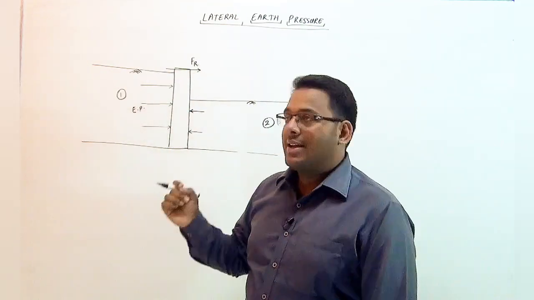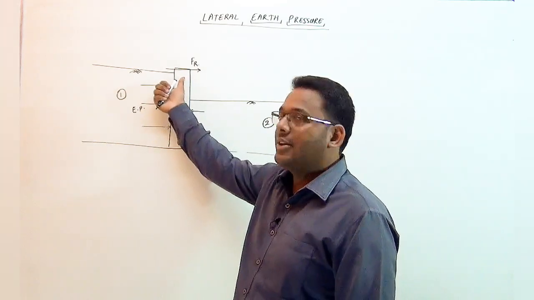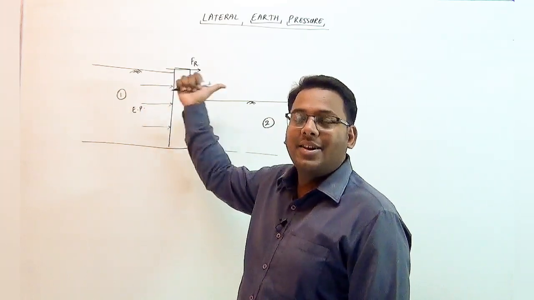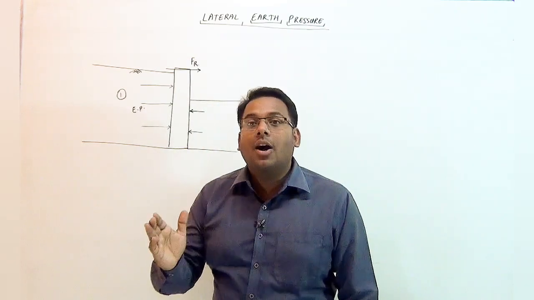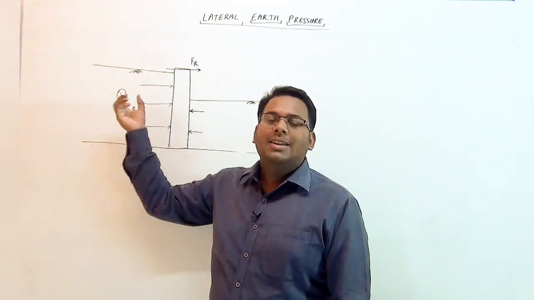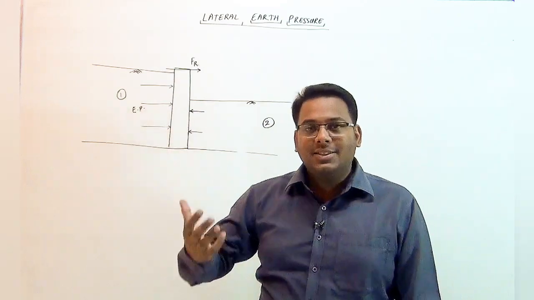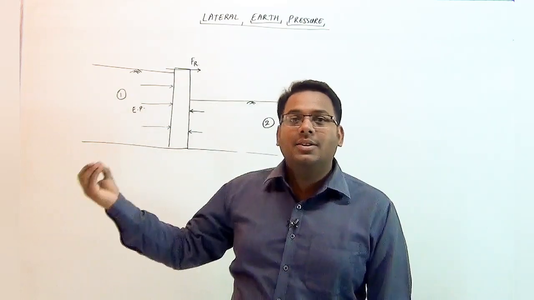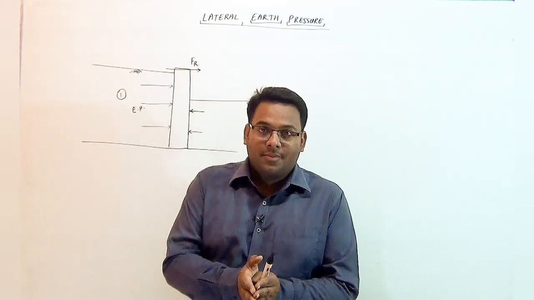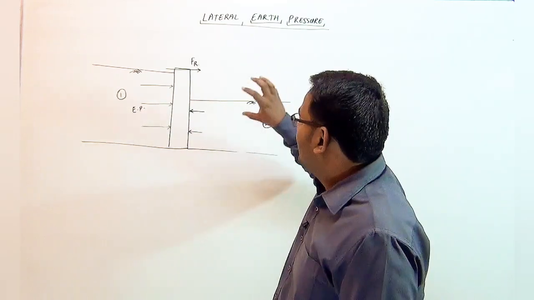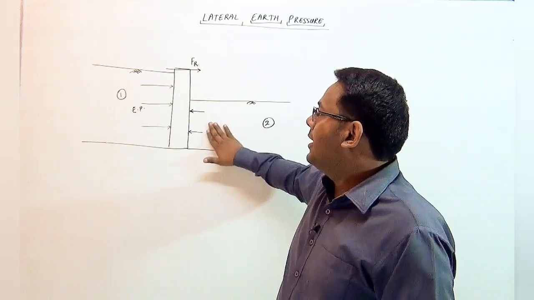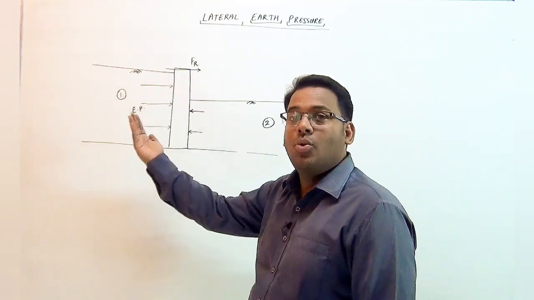And as we can see that the net force on the retaining structure is toward the right hand side, we can say that the work of soil 1 is effective. Soil 1 is actually working according to its tendency, whereas on soil 2, the net force on the retaining structure is towards the soil.